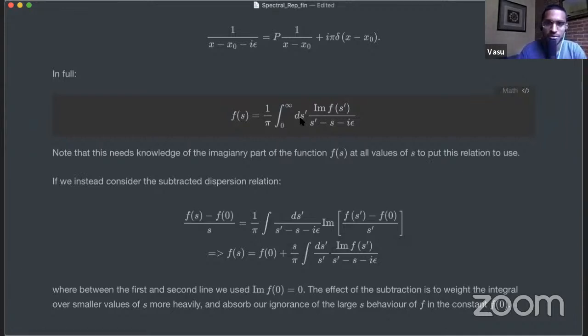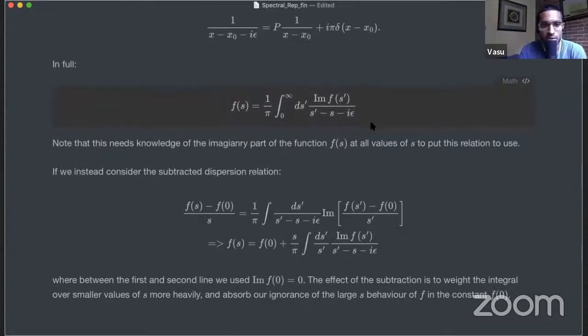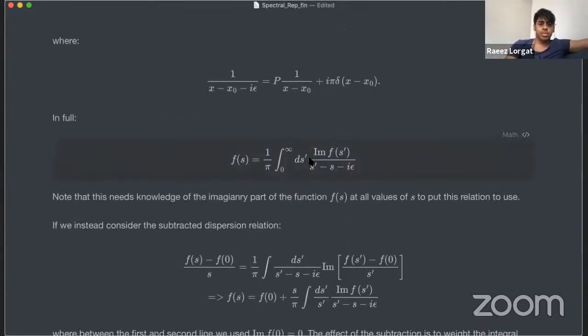But for now, you see that there's this complex s plane. Provided f is sufficiently well behaved, I should be able to do this contour integral and recover what f of s is, given that I know the imaginary part of f of s. So this is pretty cool.